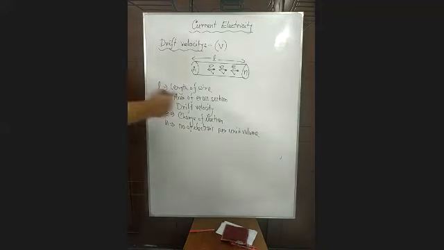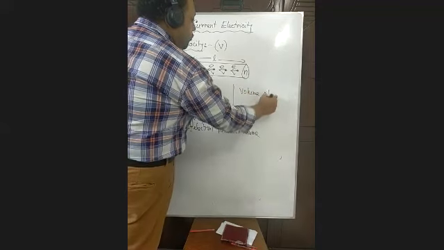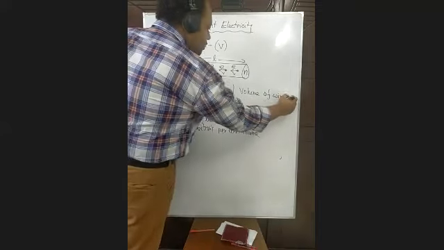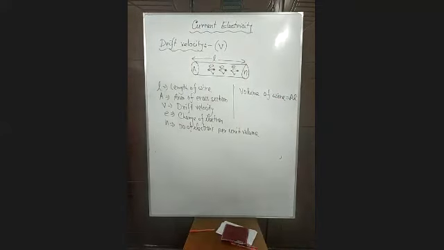Now, if I want to get the volume of this wire, then what will be the volume of wire? Volume of wire should be A into L. So the volume of wire can be said as AL.